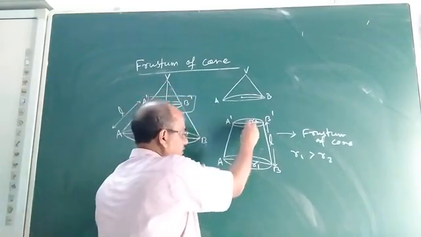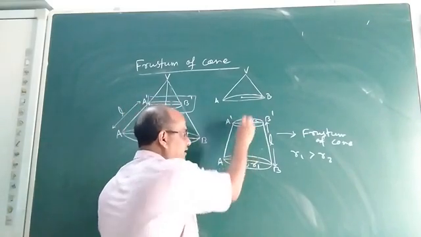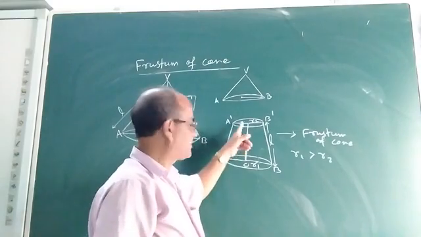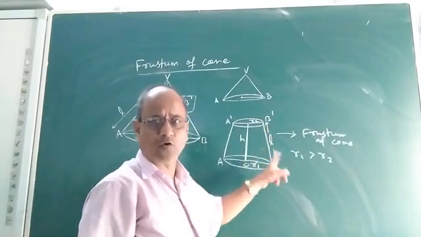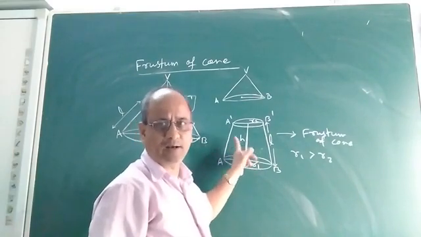Now look at this line segment joining the centers of the two ends of the frustum of cone. What is that called? It is called the height or the vertical height.